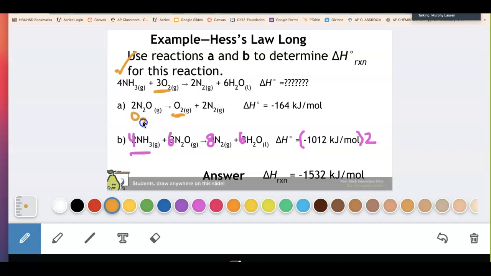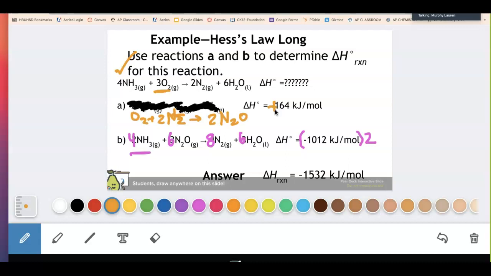So O2 plus 2N2 makes 2N2O. Now when I do this, I cross this off. I don't want to look at this anymore. It will be confusing. I just messed with it, and so you want to cross it off and get rid of it so you don't get confused. Now, if I flip a reaction backwards, I also need to flip the sign. So this was negative, so now it is positive.